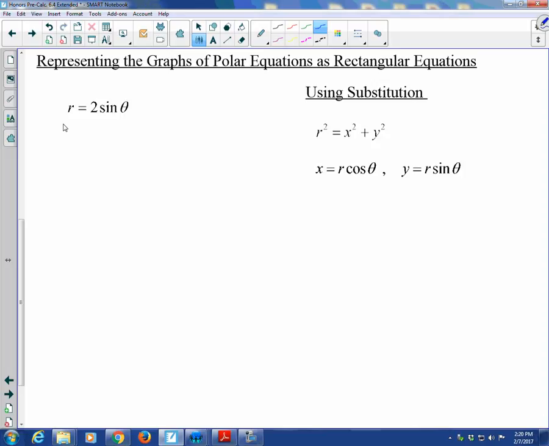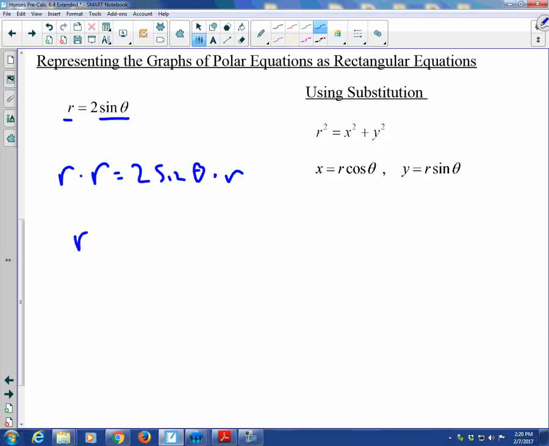So right here, we're starting out with r equals 2 sine theta. What we'd like to see is that r squared, right? Similarly, it would also help us out if this were an r sine theta instead of a sine theta. So to get that r squared and that r sine theta, we can multiply r on both sides, and we're going to get r times r equals 2 sine theta times r.